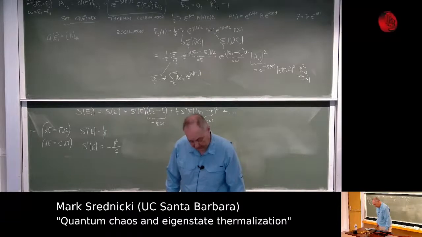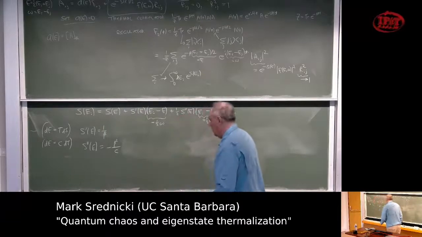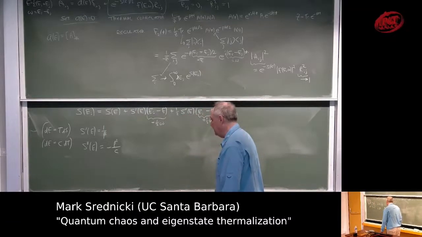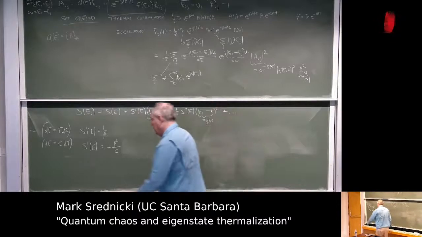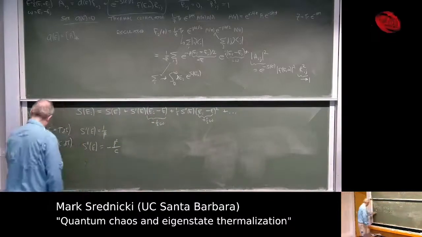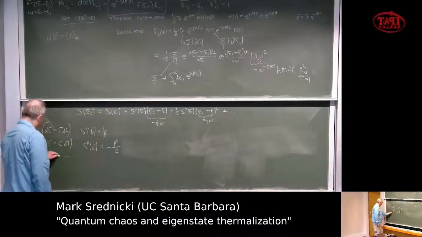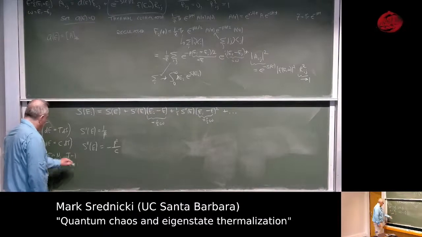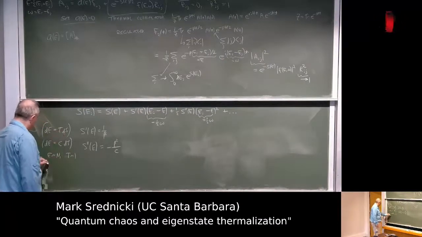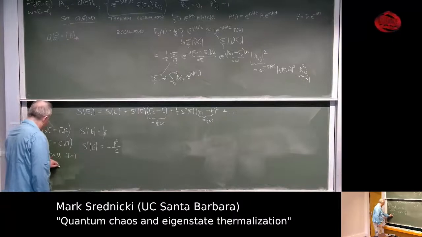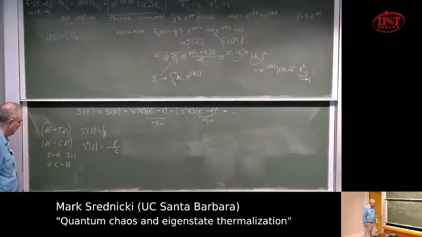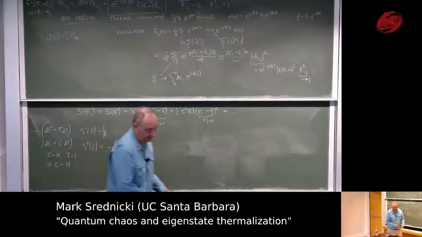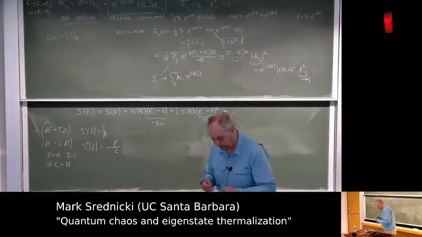Okay, and C, the heat capacity, we can see it from here. E scales like N. Temperature does not scale with N, and so we should think of the heat capacity as scaling with N as well.